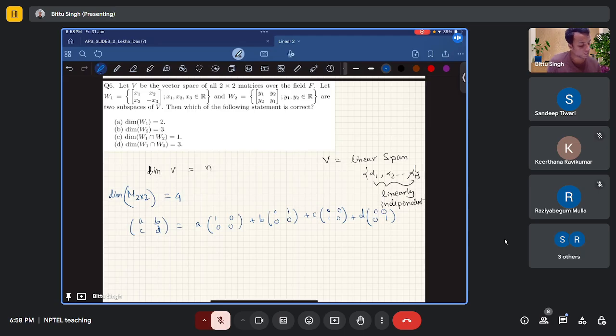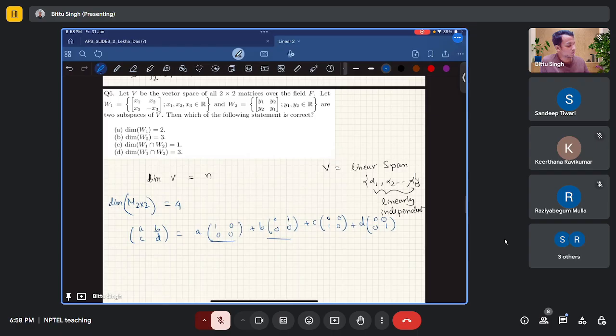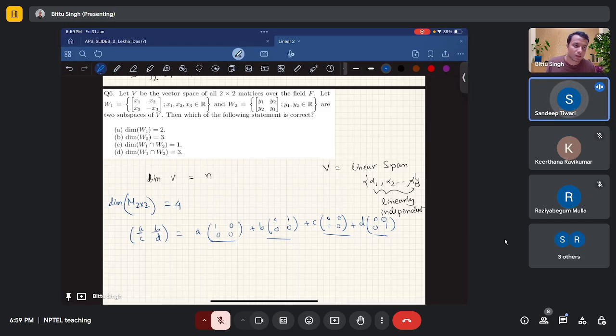Okay, so any matrix belongs to the span of those four matrices. Moreover, those are linearly independent, since if a combination of those things is 0, this means those 4 things A, B, C, D will be 0, right? So those are linearly independent. Sir, option C should be correct. Okay, so here option C.